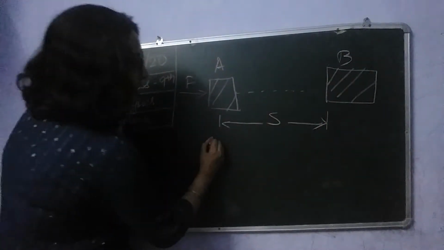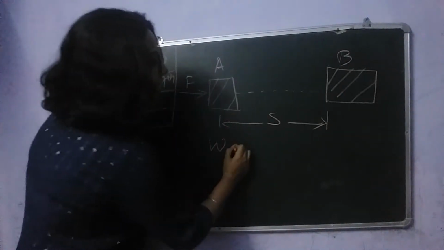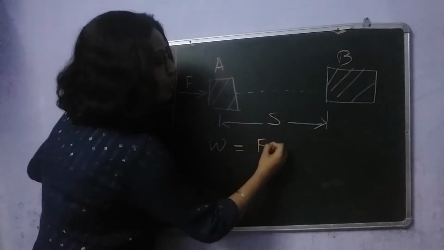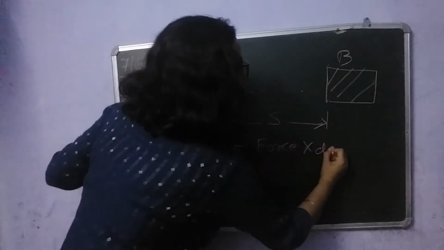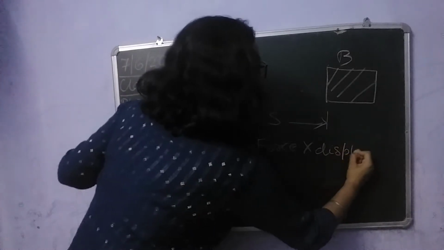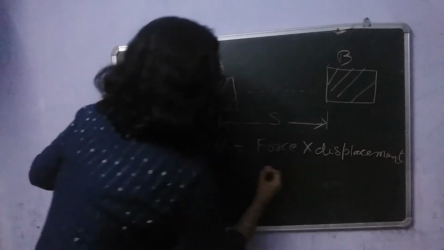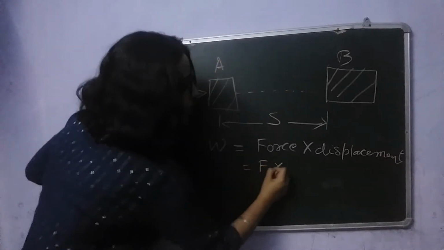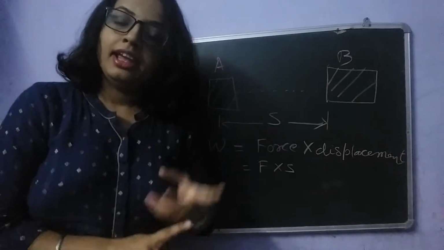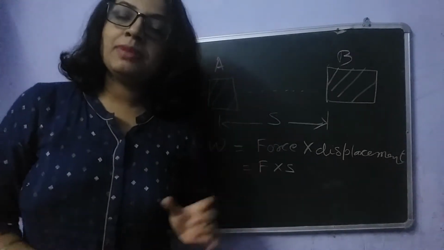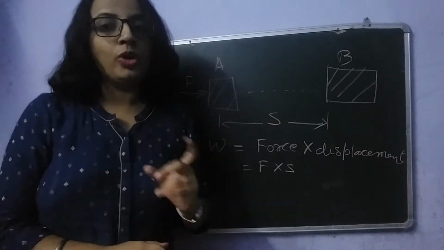Work done, denoted by W, is equal to force into displacement. So when a force is applied and it creates a displacement in the object, then this is called work done.